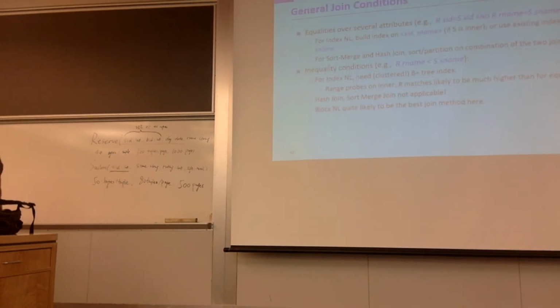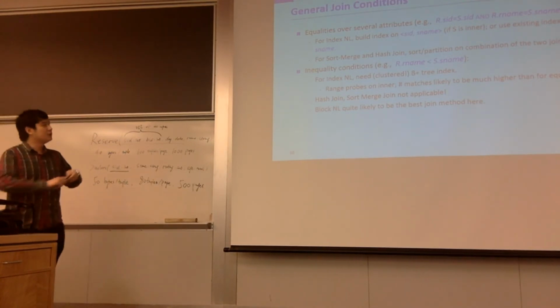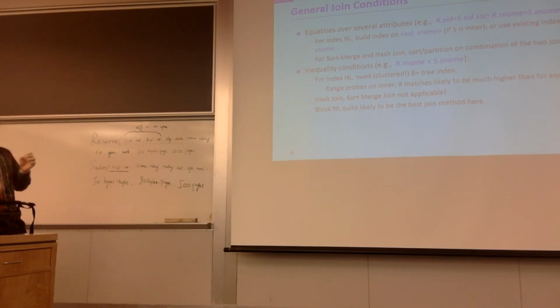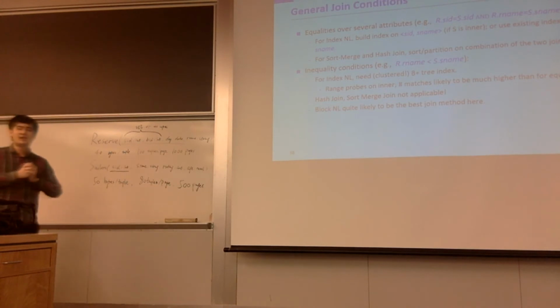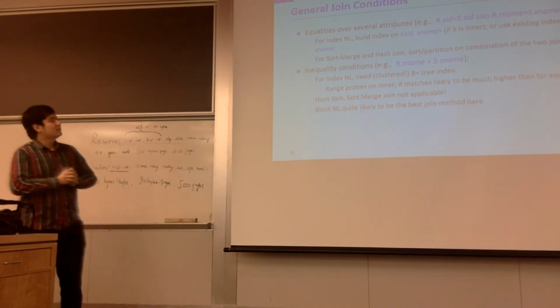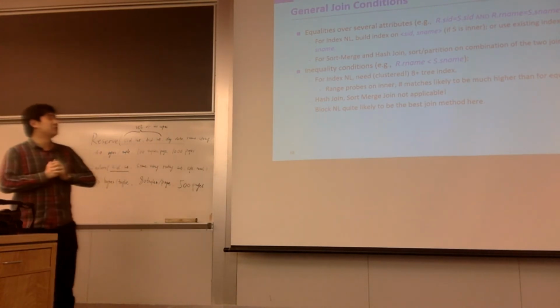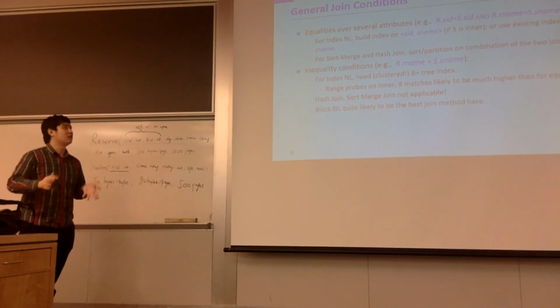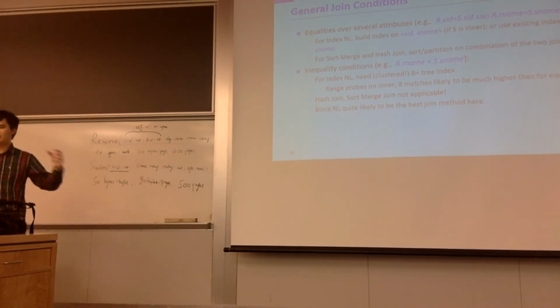Okay. So then for general join conditions, suppose you have equalities over several attributes connected with AND. That's basically conjunctive predicates. Then you could build a multi-column index, an index over multiple columns, and then you can do the selection.